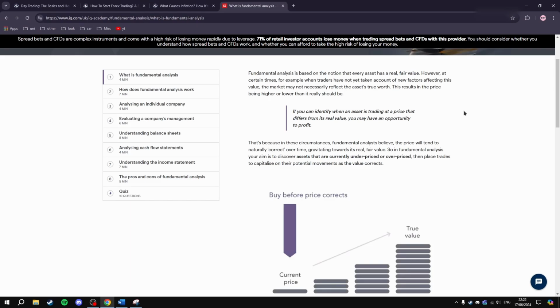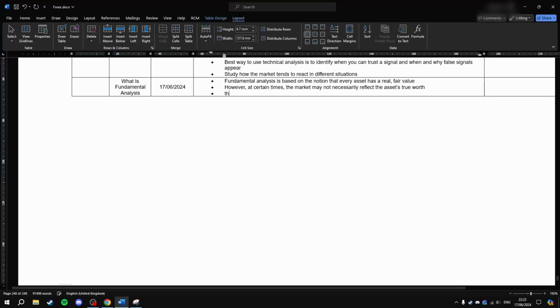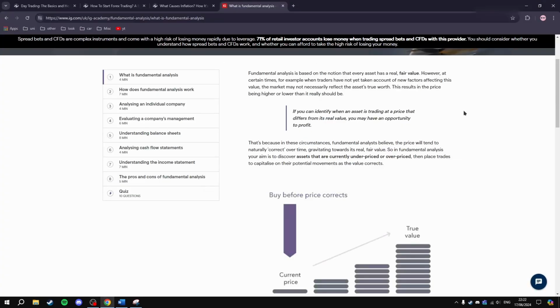This results in the asset's price being higher or lower than it should be. That's because in these circumstances, fundamental analysts believe the price will tend to naturally correct over time.